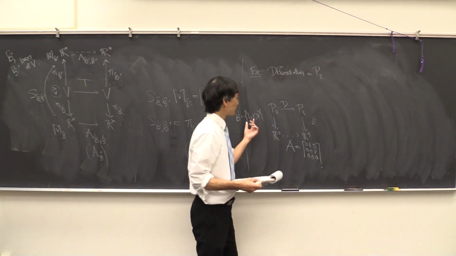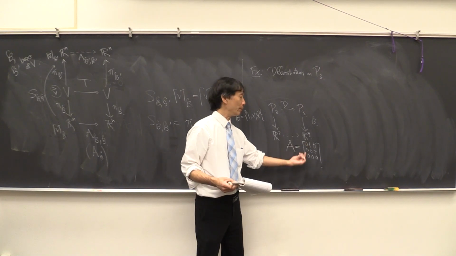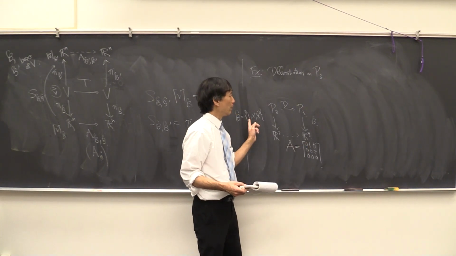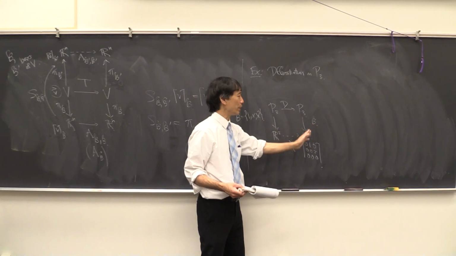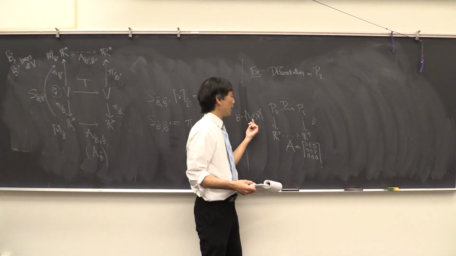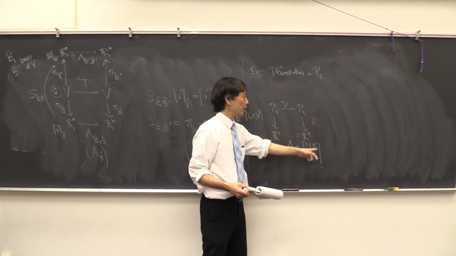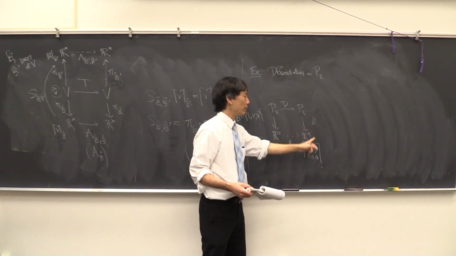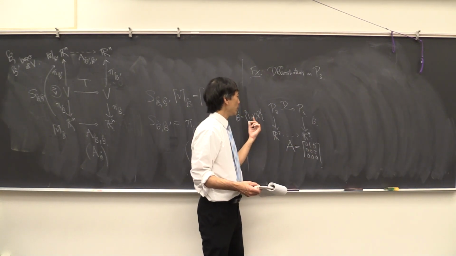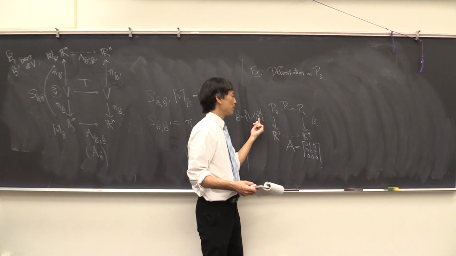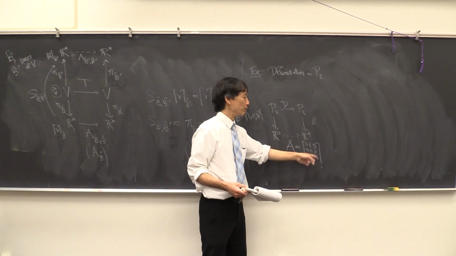Those are going to be the columns of your matrix. So 1 goes to 0, which has coordinate vector 0, 0, 0. x goes to 1, whose coordinate vector will be 1, 0, 0. And this guy goes to 2x, which is 0 of this guy, 2 of this guy, and 0 of this guy, so 0, 2, 0 here.